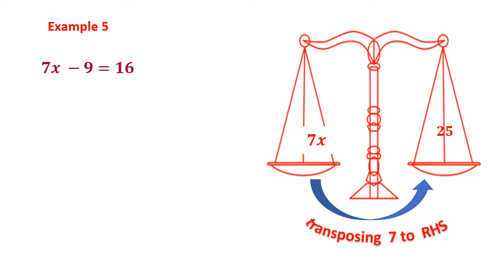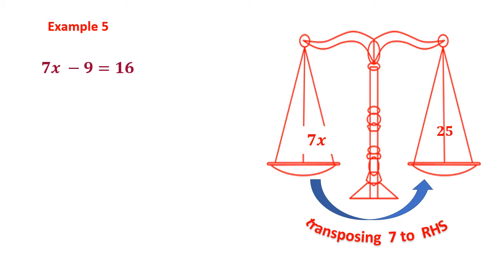The second step is that now we are going to transpose 7 to RHS, because what is our purpose? Our purpose is to keep only the variable x in LHS. The numerical coefficient attached with this x is 7, and we have to eliminate this 7. As we have already explained in the previous slides, whatever is multiplied in LHS will get divided in RHS.